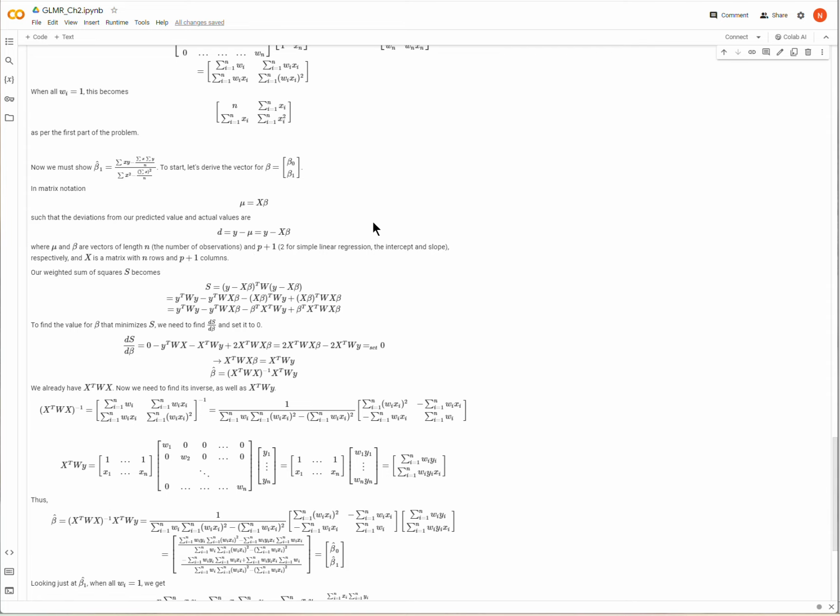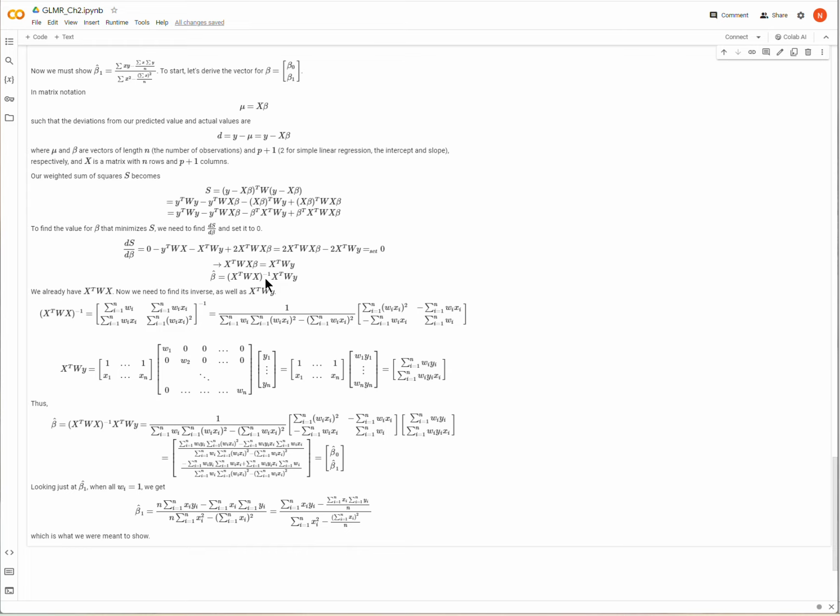Now in matrix notation, our sum of squares function s becomes this guy right here. That's a deviation, weight matrix, deviation. So that's our sum of squares. Notice we have two y minus x betas, which is kind of like squaring that, weighted by the weight matrix.